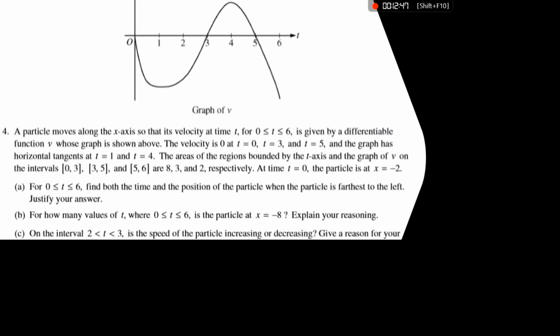Okay, for part C, I want to know on which of these intervals the speed of the particle is increasing or decreasing, and give a reason for your answer. Speed at t at 2 or 3.